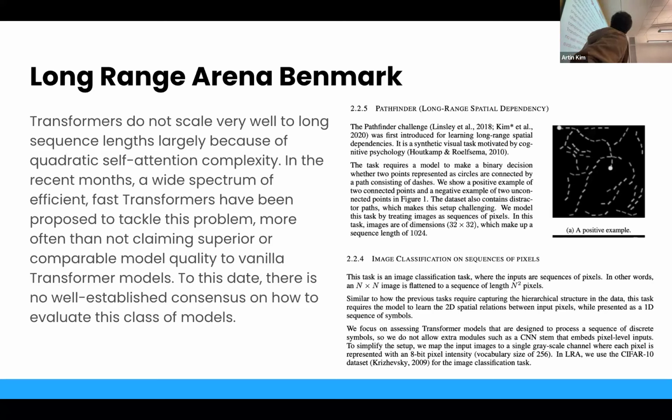And there are some benchmarks. There are cool ways they evaluate the model. Like with the vision transformer, they evaluate how well it can figure out if one dot is connected to another dot, or image classification. They have pixels, and they have a bunch of different benchmarks for evaluating these models.